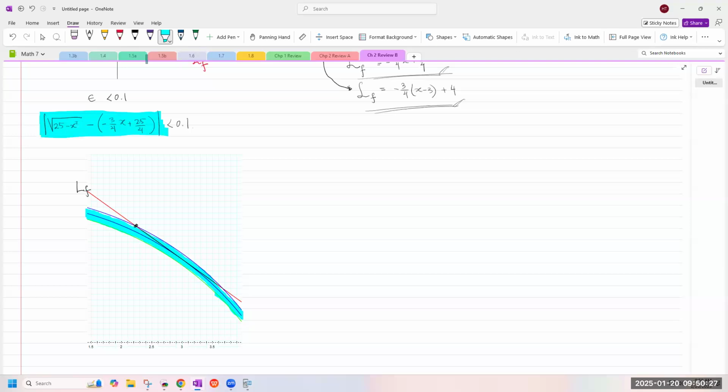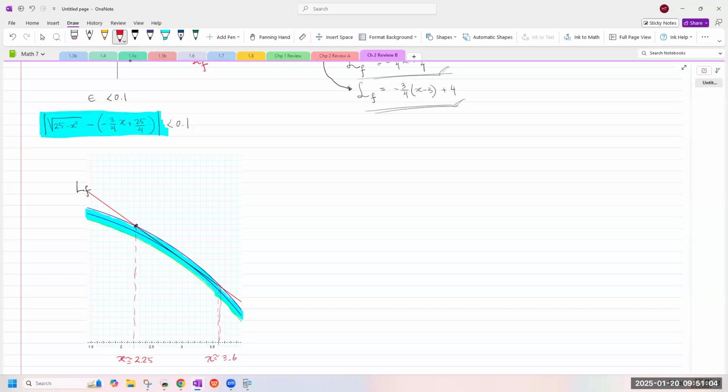Now, according to what we see here, the intersection of the tangent line to the edge is when x is approximately 2.2 something, 2.25, and this one here is approximately x equals 3.6.